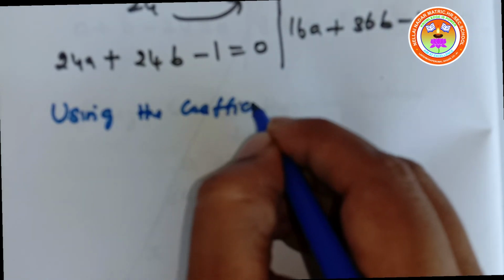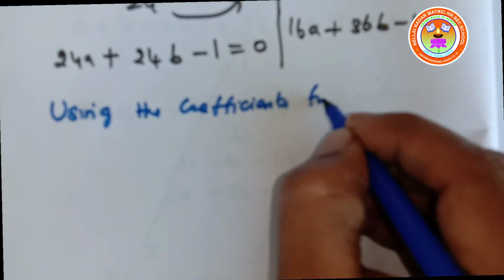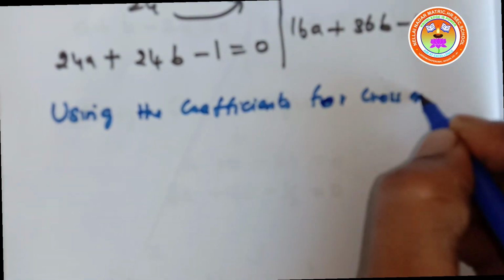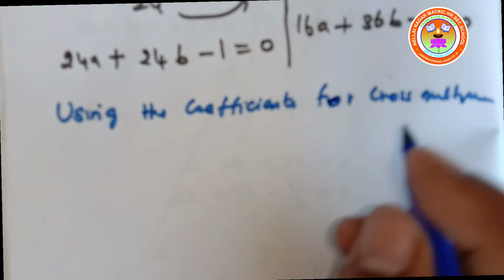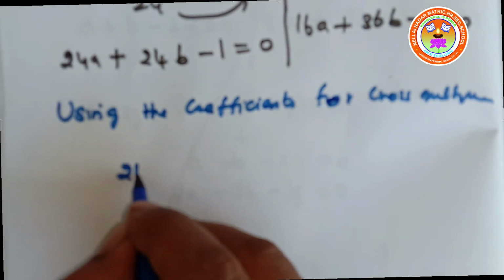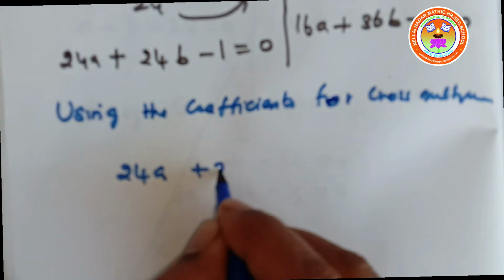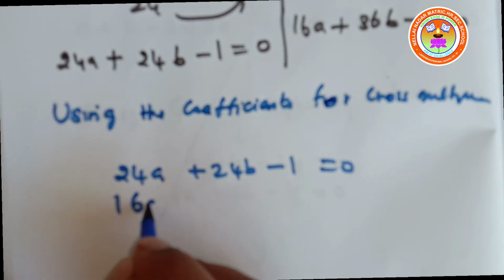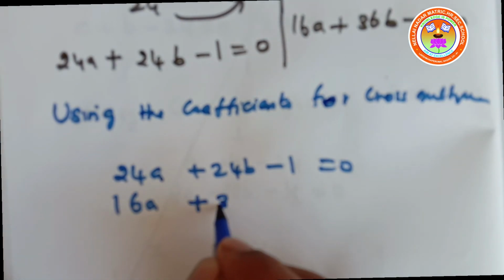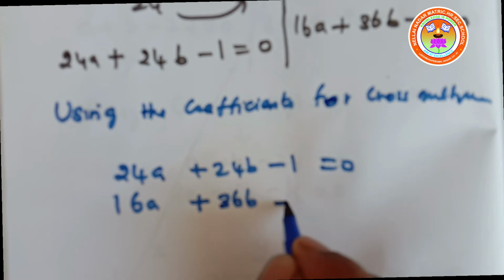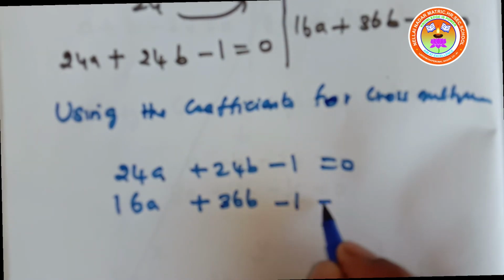Now I am going to use the coefficients for cross multiplication. Okay children, now 24a plus 24b minus 1 equal to 0, 16a plus 36b minus 1 equal to 0.